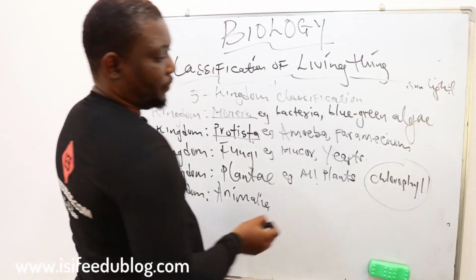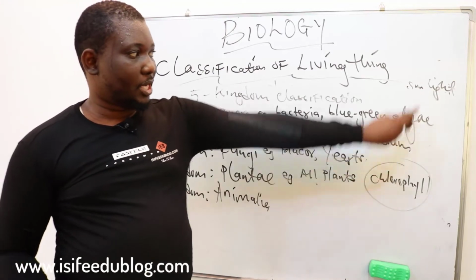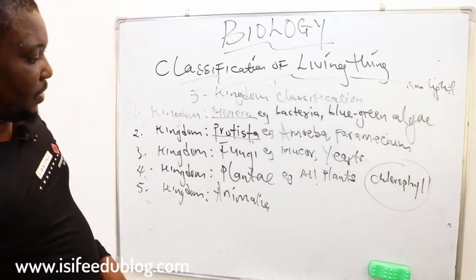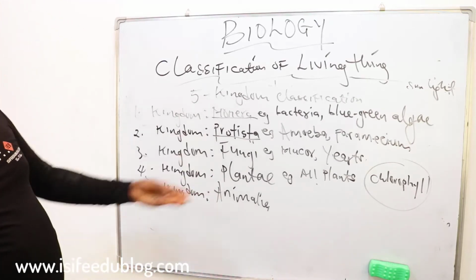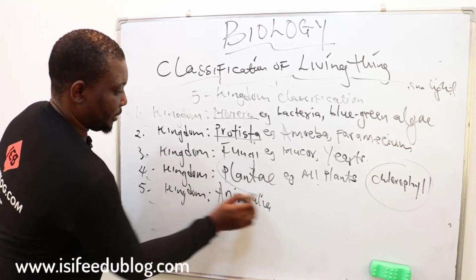The concept of photosynthesis is the ability of this pigment to trap energy from the sun, and other inorganic substances are converted to food. The only organisms that can manufacture their own food are those that belong to this kingdom called Plantae.